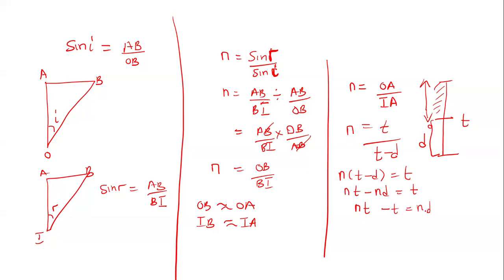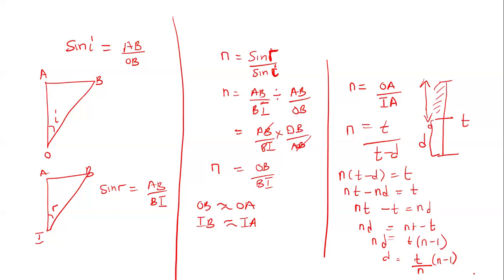Since we are interested in n, I can write it again as nt minus the t. So t being the common, I factor it out. Then here I'll remain with n minus 1, and this side I'll have n to d. Since I want d, I can have t out of n into n minus 1.